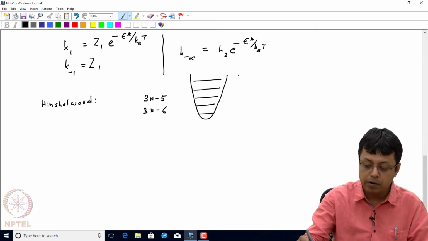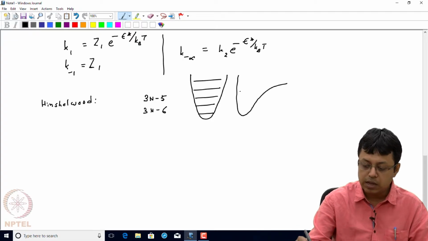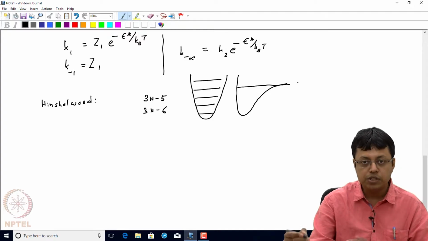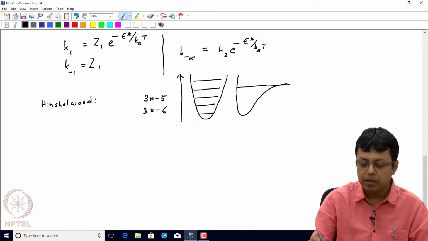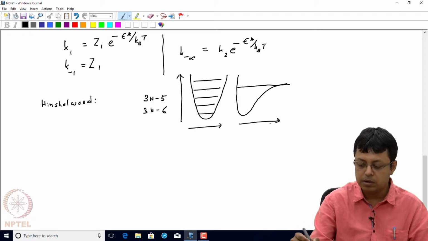So in order for the bond to break, it has to be anharmonic, so that if I reach this much energy, the potential is no longer a bound potential, and it should break. So on this axis I am plotting the energy, and on this axis the equilibrium bond distance.